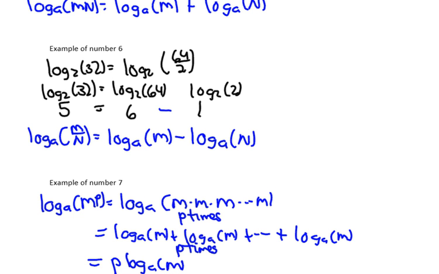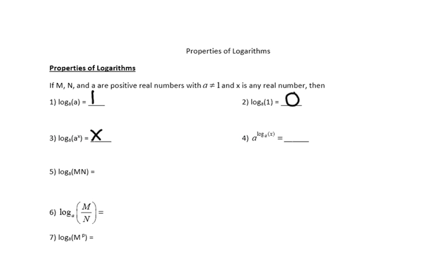All right, so now let's go back to the first page and fill these in. First of all, for number 4, taking the log base a of a to the x is x, for x greater than 0, domain restrictions. Log base a of m times n is the same thing as log base a of m plus log base a of n.